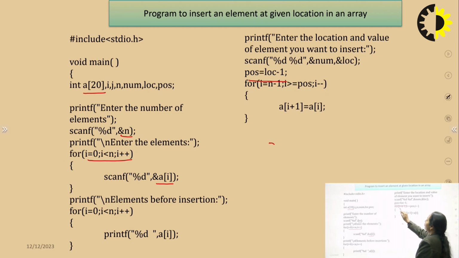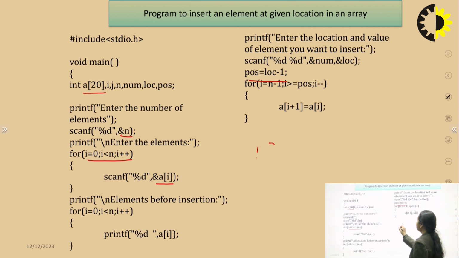Now for i equal to n minus 1 till that position, what I have done is I have shifted all the elements: A[i+1] is equal to A[i]. In this way, all the elements are shifted downwards.